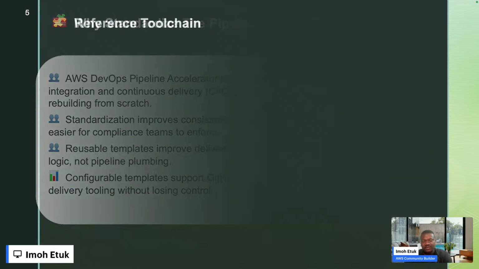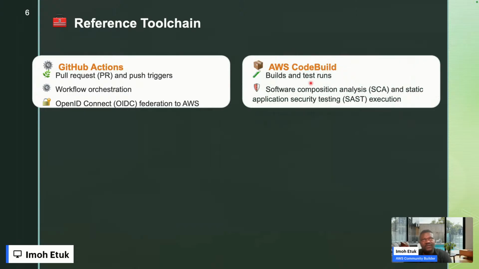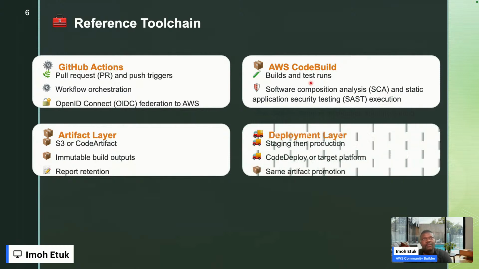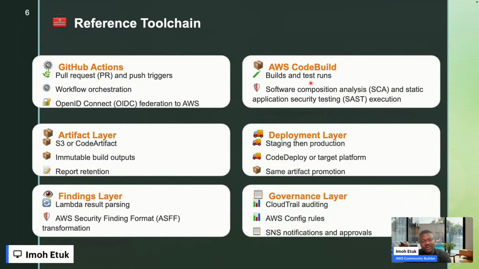So now we move down to the reference toolchain. Here, like I mentioned, we have GitHub Actions. We also have AWS CodeBuild. We have the artifact layer, the deployment layer, the findings layer, and the governance layer in our exercise today.